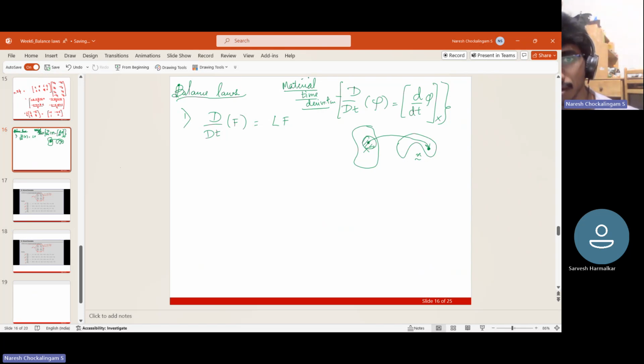Suppose you're throwing a ball, right? Let's just make some innovative examples. You have a tunnel, and there's a kid.